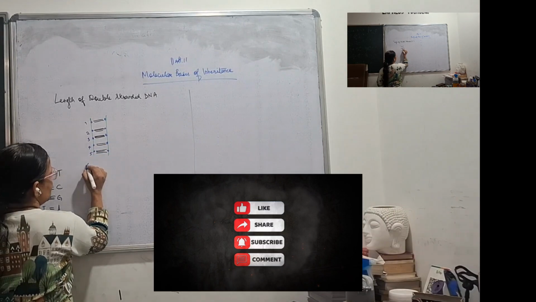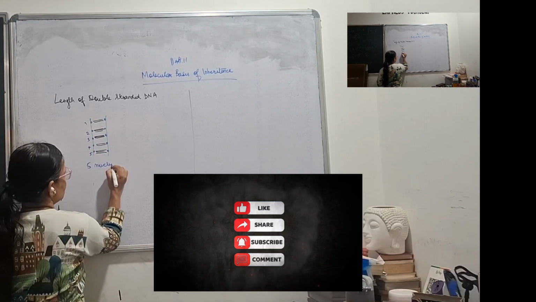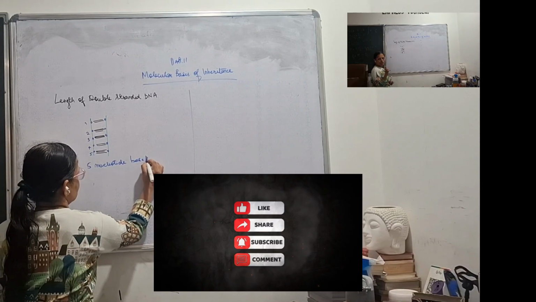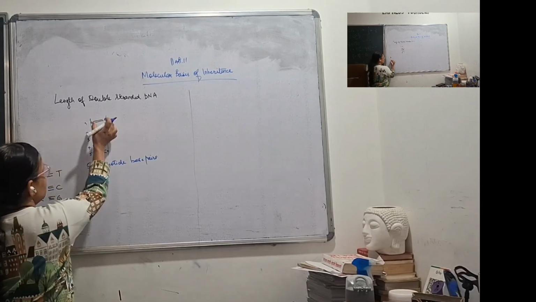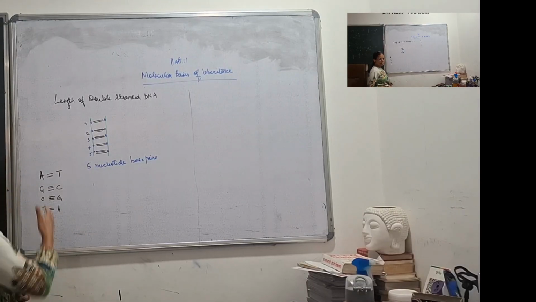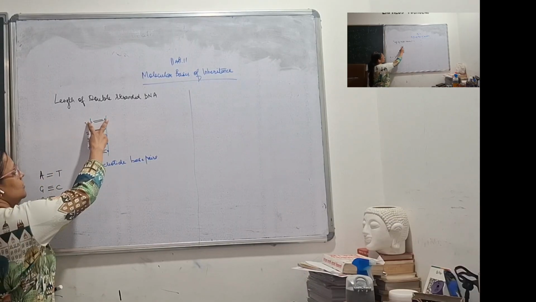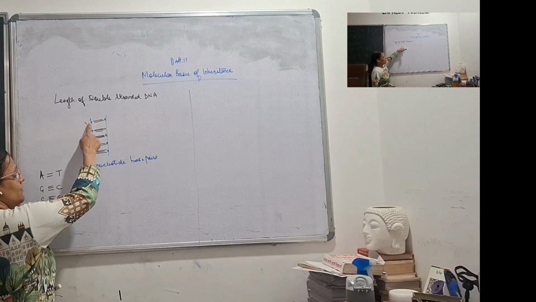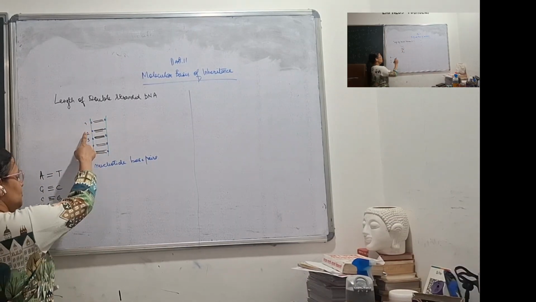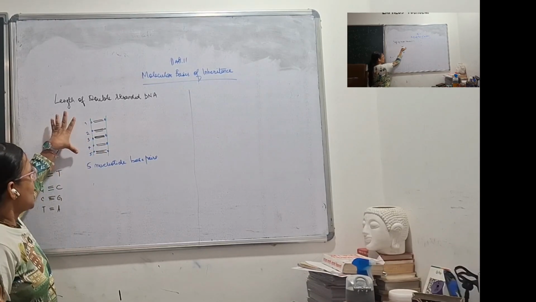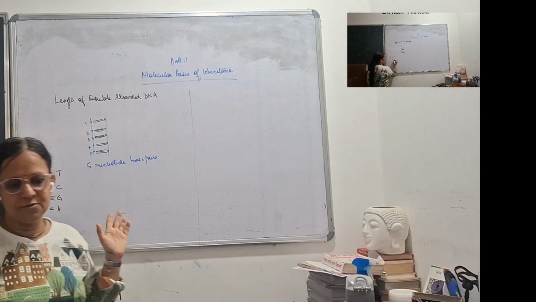I have got 5 nucleotide base pairs. Right? So these are base pairs. Base meaning this: adenine, guanine, cytosine, thymine. These are the nitrogen bases and they are in pairs. Like here if you have adenine, here you will have thymine. Here if you have cytosine, here you will have guanine and so on. So I am having 5 nucleotide base pairs.